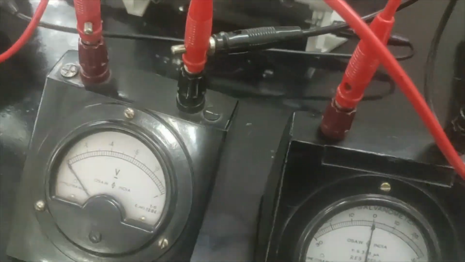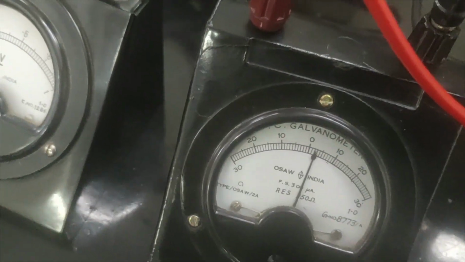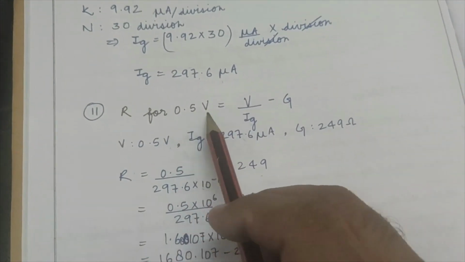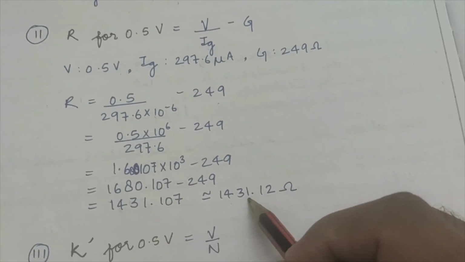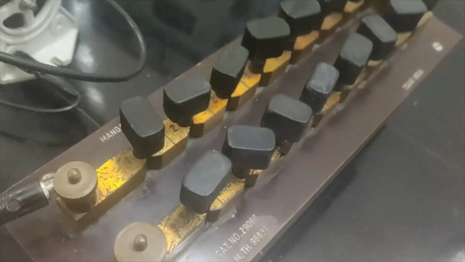Now we can see the deflection here, so we will adjust all these deflections. But first, let's stop it. For R we have calculated 1431.12 ohm for 0.5 volt. So we have to introduce this 1431 ohm into the resistance box.